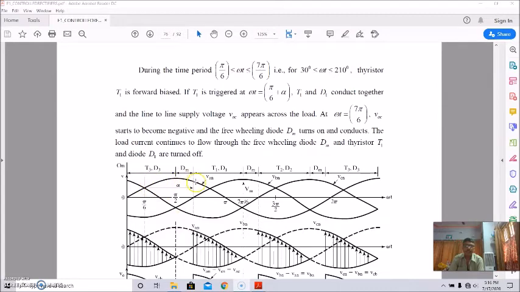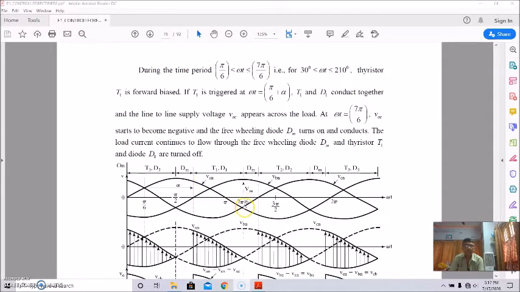If thyristor T1 is triggered at omega t equal to pi by 6 plus alpha, thyristor T1 and D1 conduct together, and the line-to-line supply voltage VAC appears across the load.